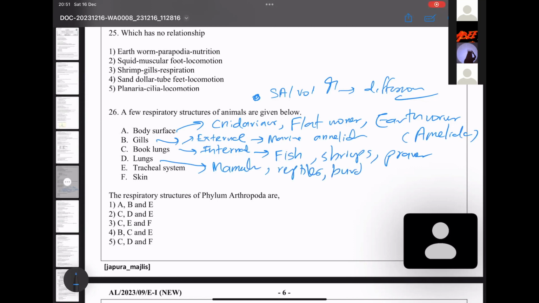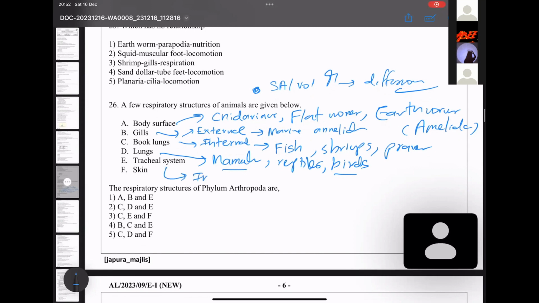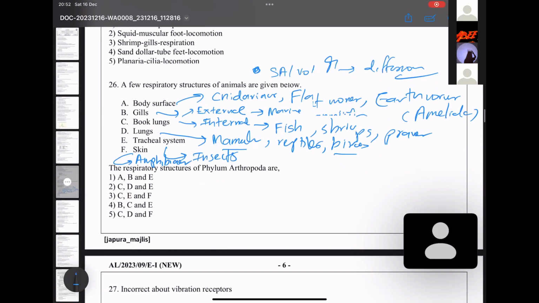The mammals and birds are close to each other. Then the tracheal system means insects. And skin: who has the most sensitive skin? Even when an environmental change or disaster is going to happen, who detects it first? Amphibians. If you see the toads, they detect it very fast and move away from the disaster, because they have very sensitive, wet skin. So that is the basic idea of the respiratory structures.